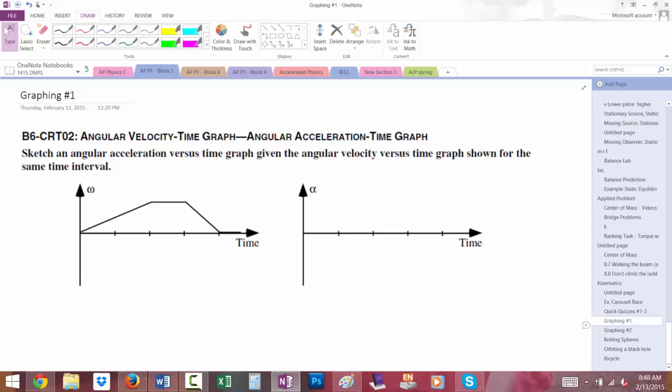Here we've got an angular velocity versus time graph. So literally what's happening here? Can somebody talk me through what's going on? This is omega. So omega is the angular speed, the speed with which it's going in a circle.